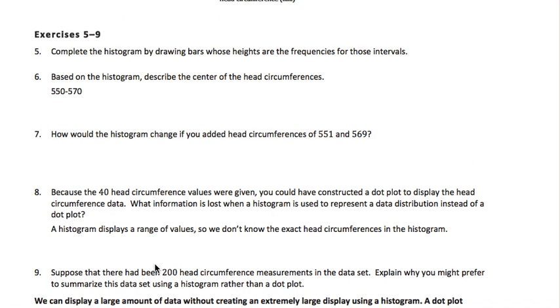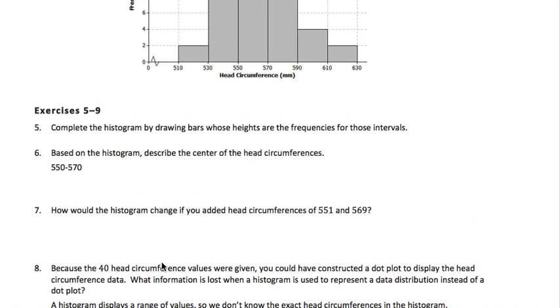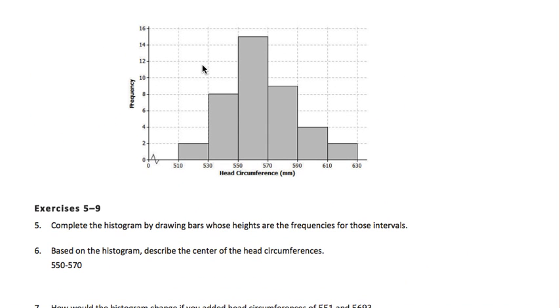Suppose, though, that there had been 200 head circumference measurements in the data set. Why might we prefer to summarize this data using a histogram rather than a dot plot? A dot plot with 200 values would require us to have 200 dots on it, and could be quite a large dot plot.